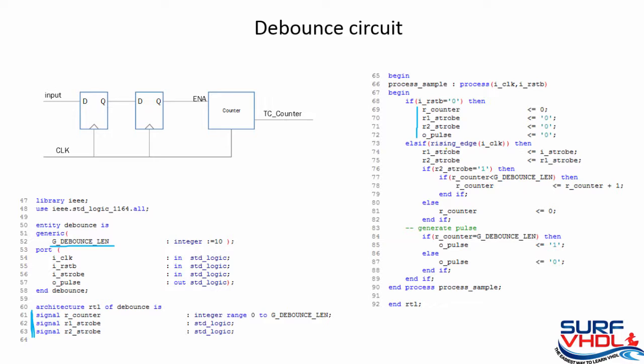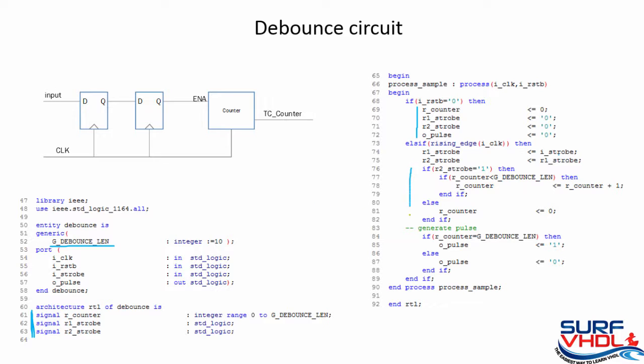On each rising edge of the clock, we strobe the input into the two flip-flops. So we strobe the input on the first, and the first on the second. Then, when the strobe is high, we start counting, count + 1, until the counter reaches the debounce length. If the strobe goes low, the counter is reset.